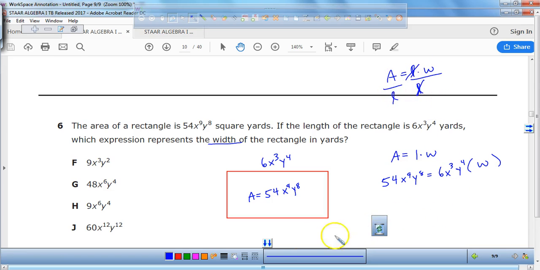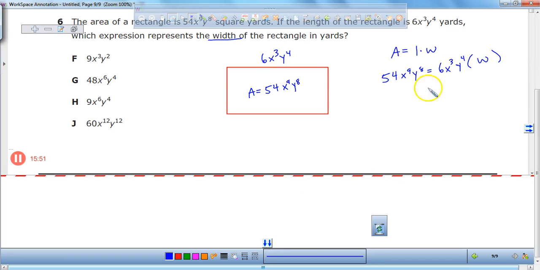So let's take the area and let's divide it by 6x cubed y to the 4th. Now when you divide coefficients, the coefficients are the numbers that are in front of the variables. That's a coefficient. That's a coefficient. You just do 54 divided by 6 and hopefully you know that's 9. But here's the cool rule. This is called the Quotient Property, dealing with the laws of exponents.